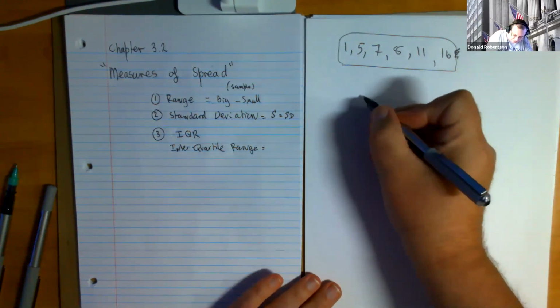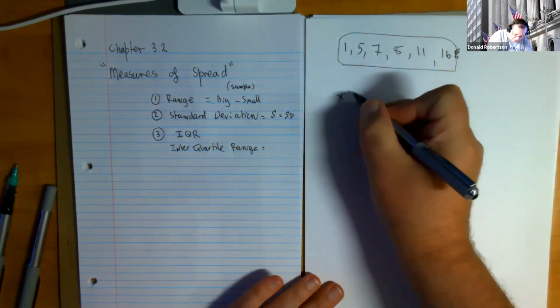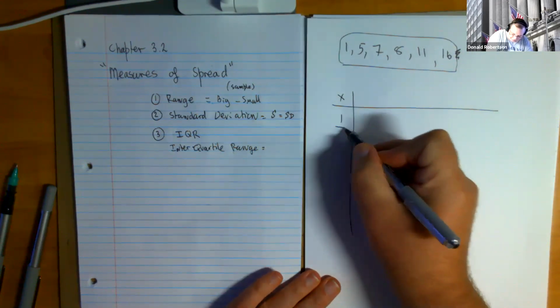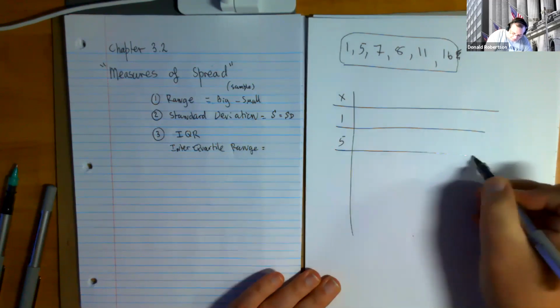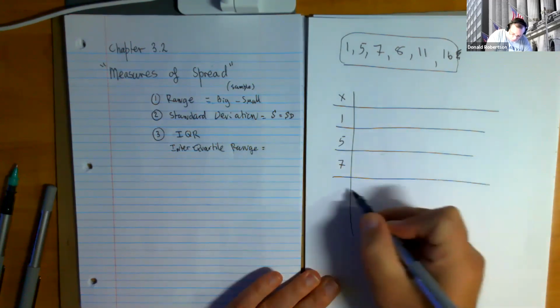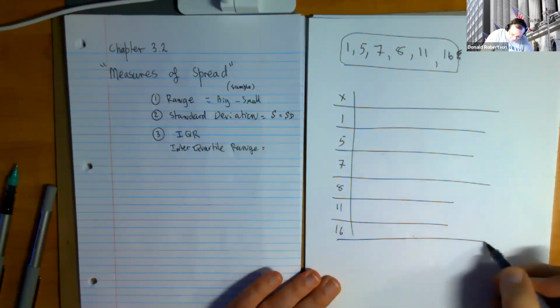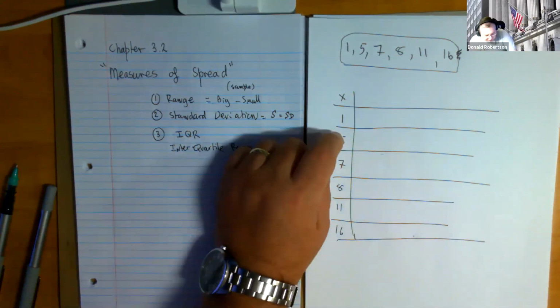You typically do these questions as a table. And the first thing you do is you basically write down one row for every single one of these numbers. Let me double check.